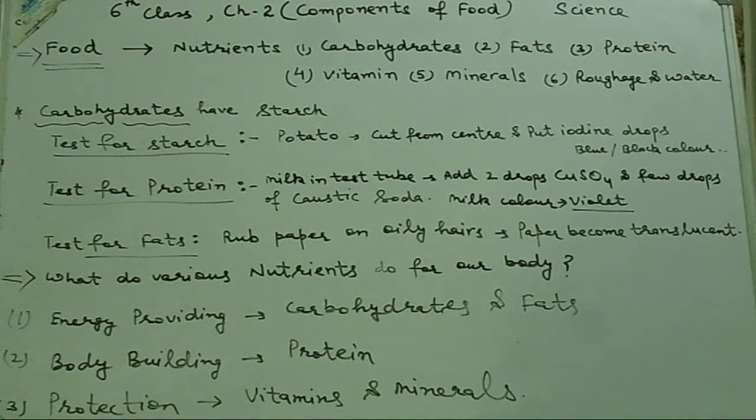Because we have to perform so many works, so we have to take lots of carbohydrate in our diet. Simplest example, when you eat chapati, you eat chapati more in amount than any other vegetable or any other substances that you eat in food.